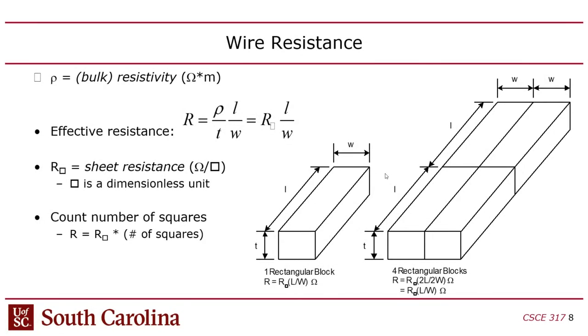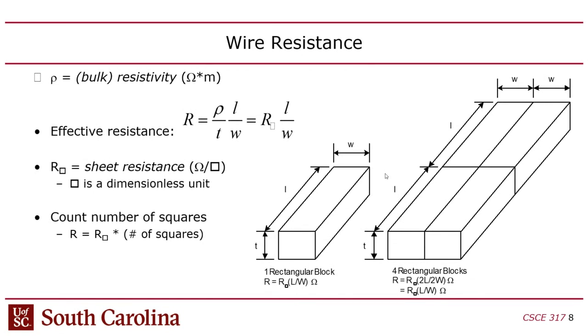So ohms times distance is the unit. That's usually represented as rho. Once again, we have a rho. That's the resistivity. So basically the bulk resistivity is a way to represent how conductive a metal is, in one dimension.